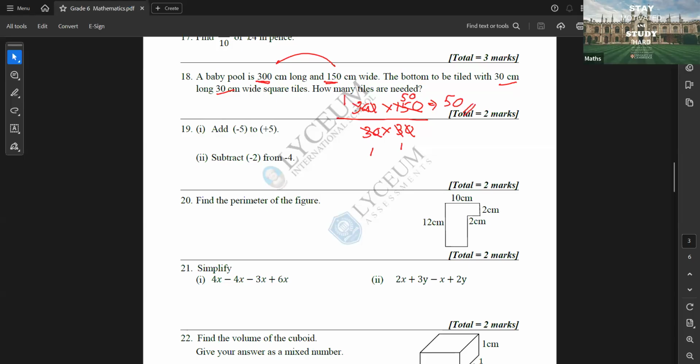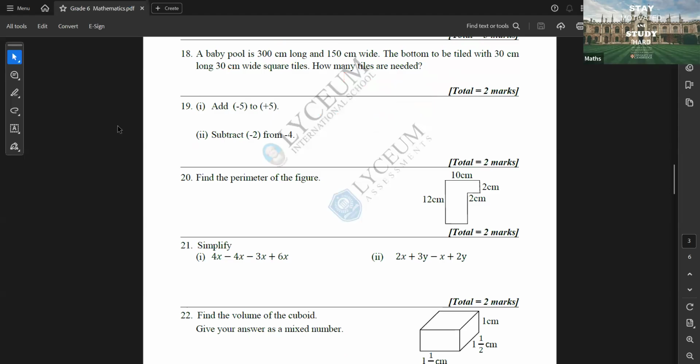See, I didn't multiply the area and find it separately. I rather write area multiplication here, area multiplication here also. Then it's easy for me to find. All right. So these are small tips. You have to remember how to do when you come to that type of question with your practice.